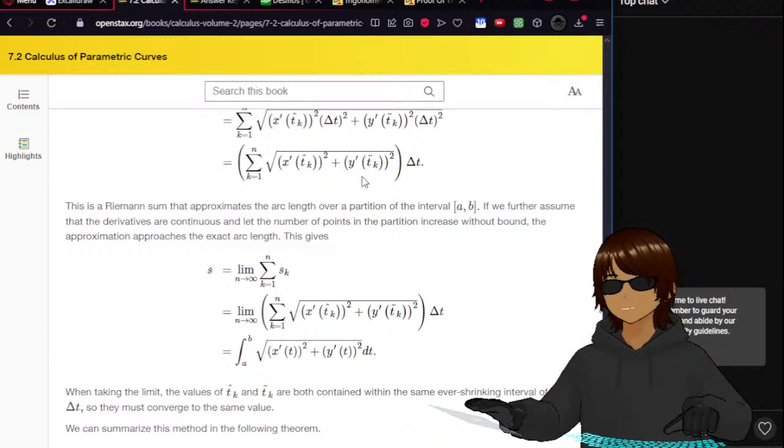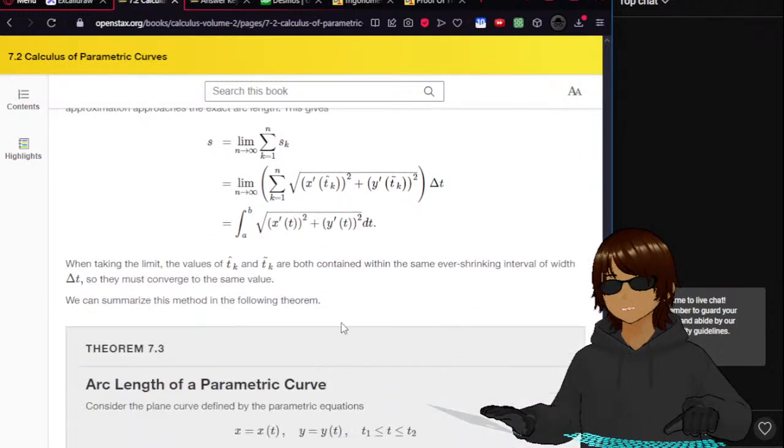You end up with this. Then if we take the intervals to infinity, we end up with this. The two t's are both contained within the same ever-shrinking interval of width delta t, so they must converge to the same value.